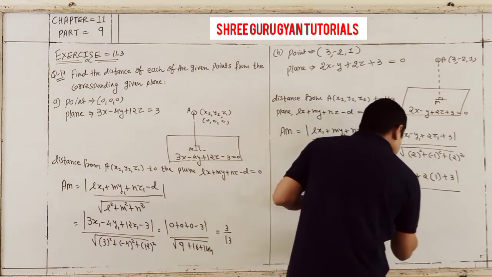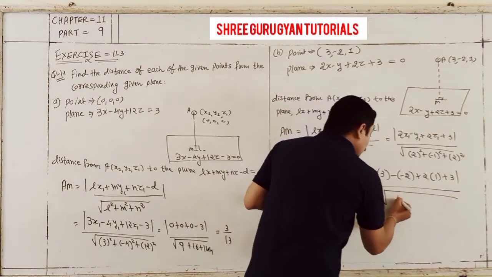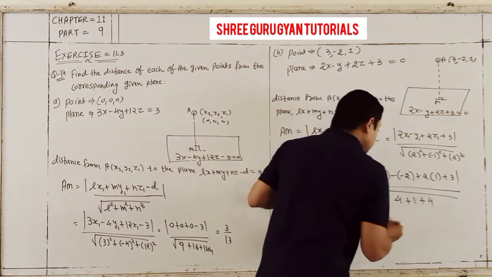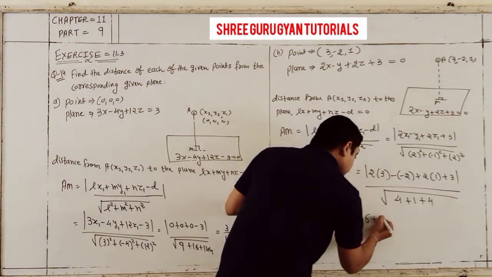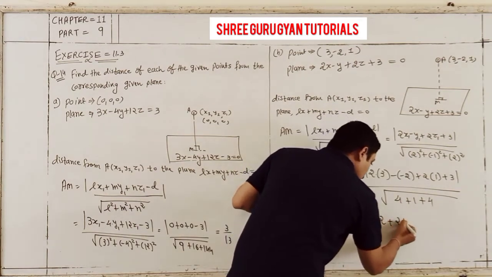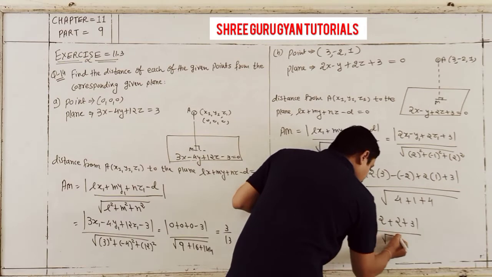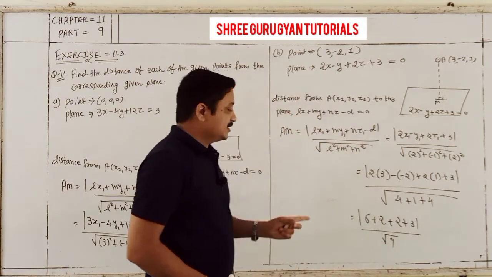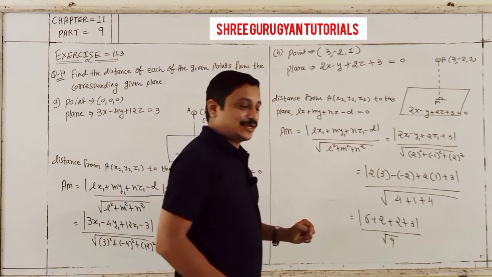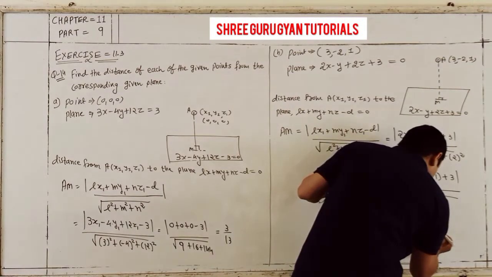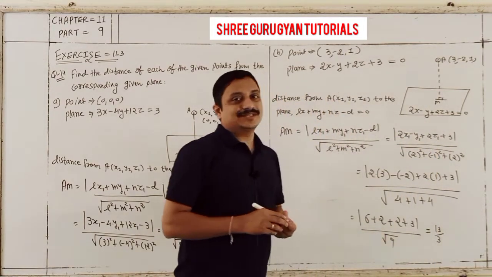Calculating, 4, 1, 4: 6 plus 2 plus 2 plus 3 by root 9. 6, 10, 12, 13. So 13 by 3. That's your second answer done.